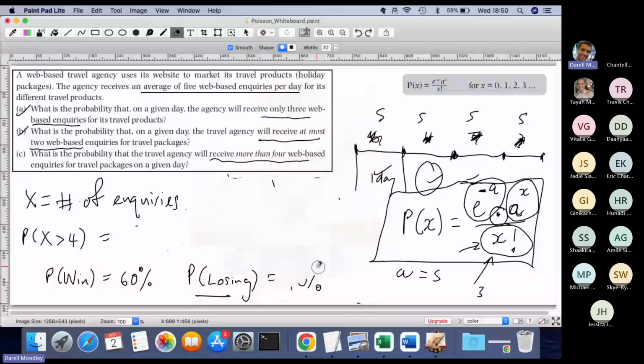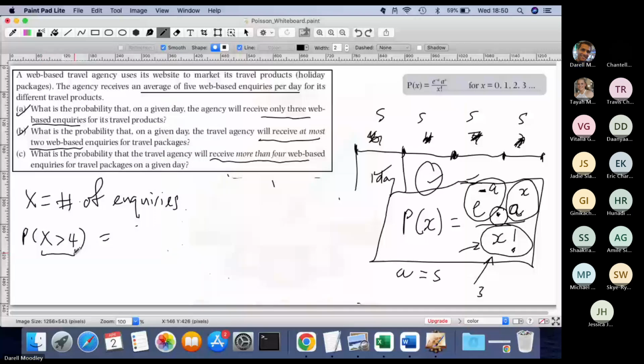Instead of saying X greater than 4, I'm going to make this less complicated and just call it A. The opposite of A, we call the complement. If you win here, that's you're losing. In general, the complement of anything A will be not A, and we write it mathematically like this.